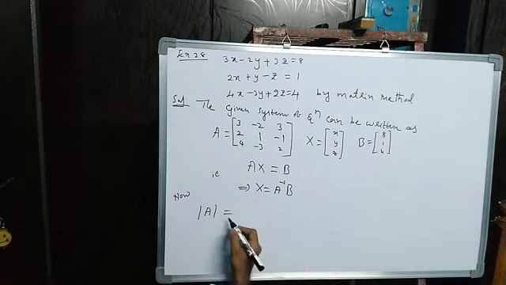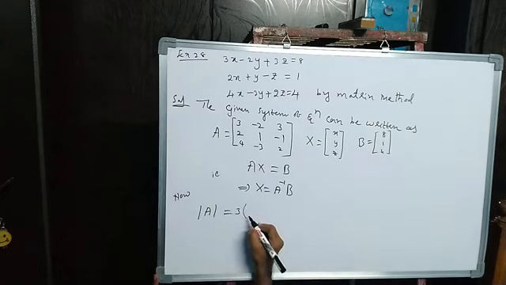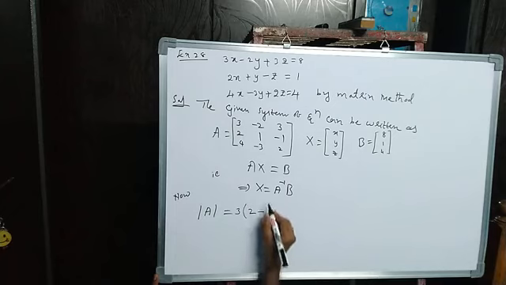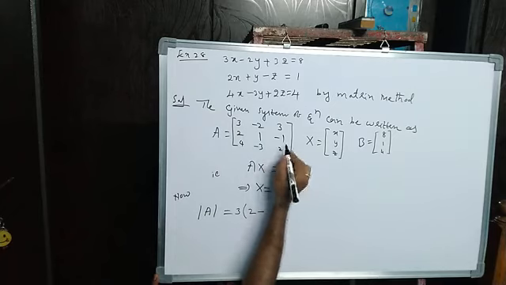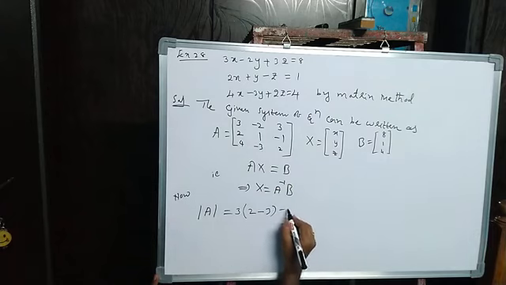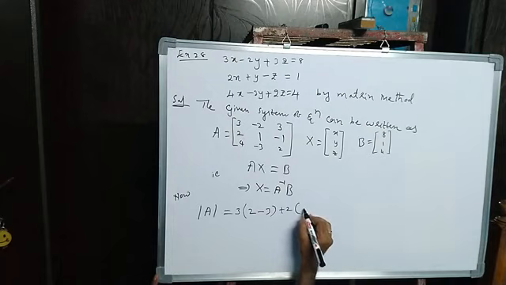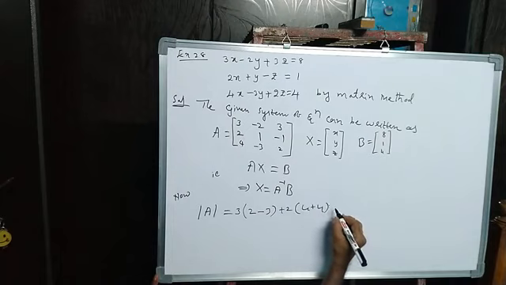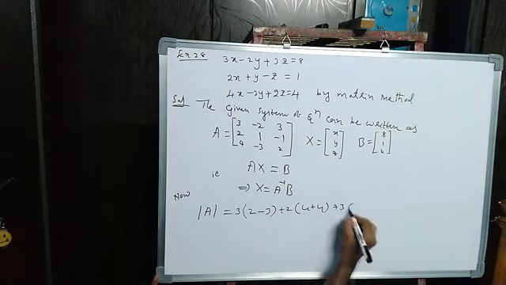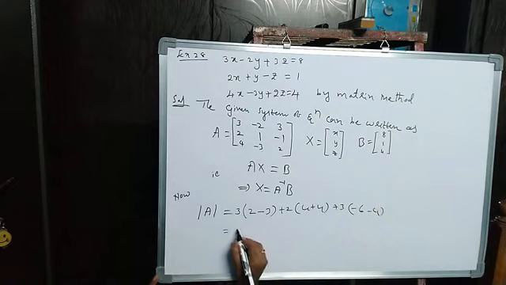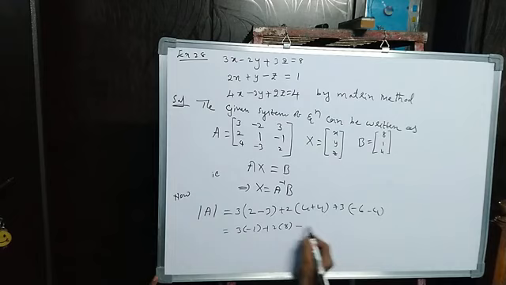Yes. So how do we find the determinant of A? 3 into (2 minus 3 into minus 1), then minus of minus 2 is plus 2, 2 into (2 times 2 is 4, plus 4), next plus 3 into (minus 6 minus 4). Simplify this: 3 into minus 1 plus 2 into 8 minus 6 minus 4, that is minus 10, minus 30.